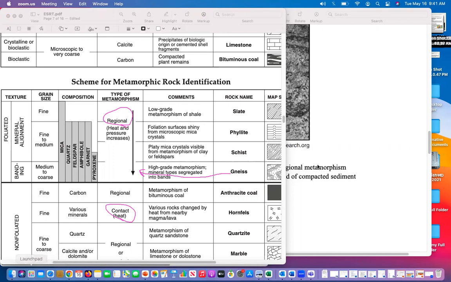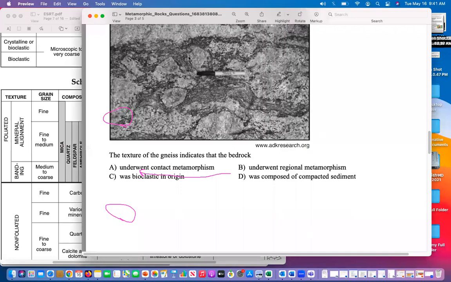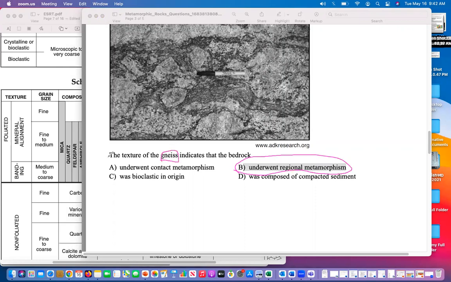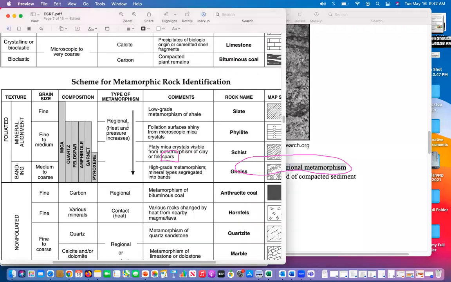I look at my choices and I see the same thing, regional, right here. And so my correct answer is going to be choice B, underwent regional metamorphism. Gneiss goes through regional metamorphism.